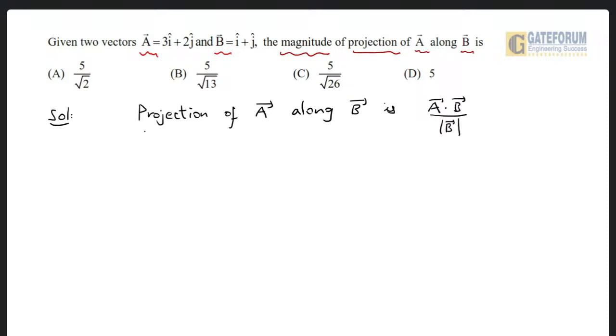So, but they have asked magnitude. So I can write directly, implies required magnitude is modulus of a bar dot b bar by mod b bar.